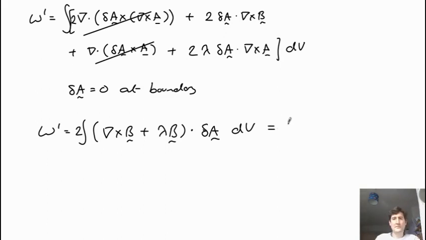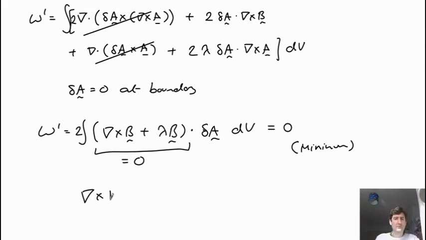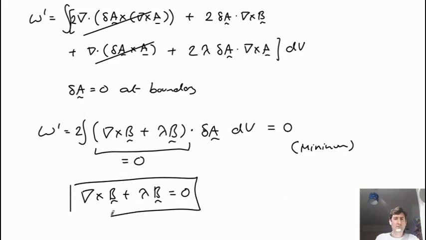So we're doing a variation of A to find the minimum value of this function here. And so for any perturbation of A, this must be 0, and the only way that can happen is if this is equal to 0. And so therefore we must have curl of B plus some constant times B equals 0. And that's just a force-free field.